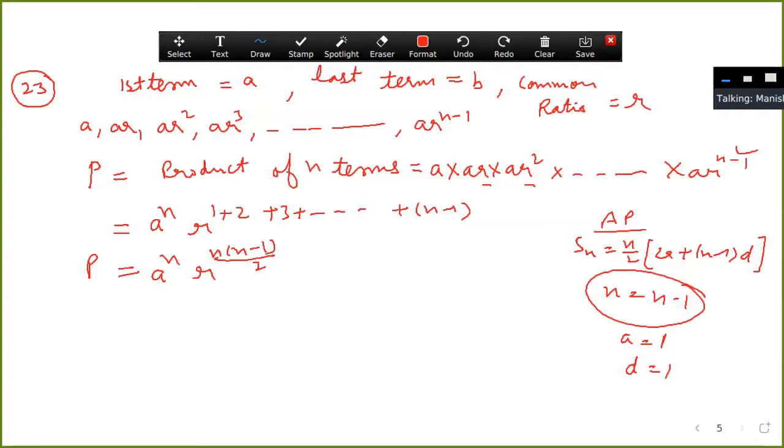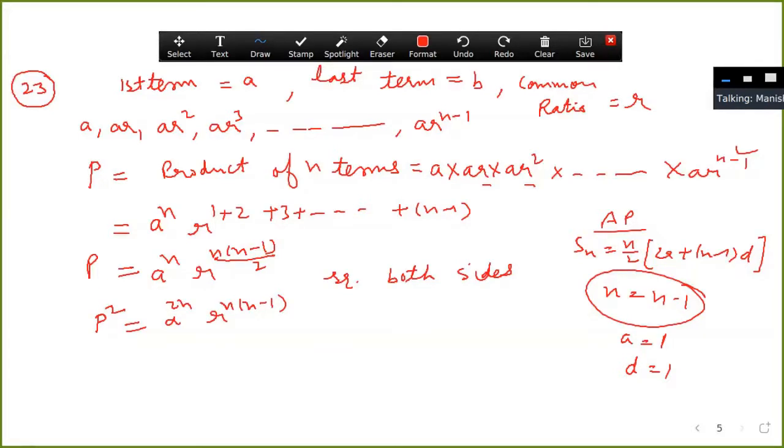Now if you want to calculate P square, it means what? Squaring both sides. What you will get? That is a to the power 2n, and when you take the square of this, the 2 will be cancelled by the power 2, then it is n into (n minus 1).